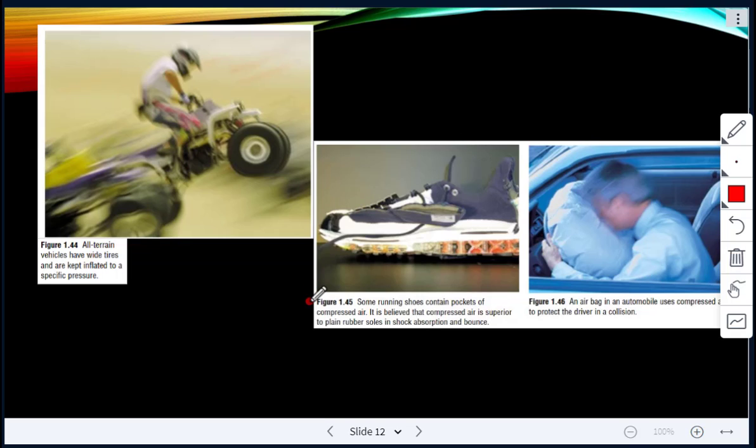They contain these pockets of compressed air. That compressed air is said to be much better than just having plain rubber soles in shock absorption and bounce. And then here, an airbag in an automobile. It uses compressed gas to protect the driver in a collision.